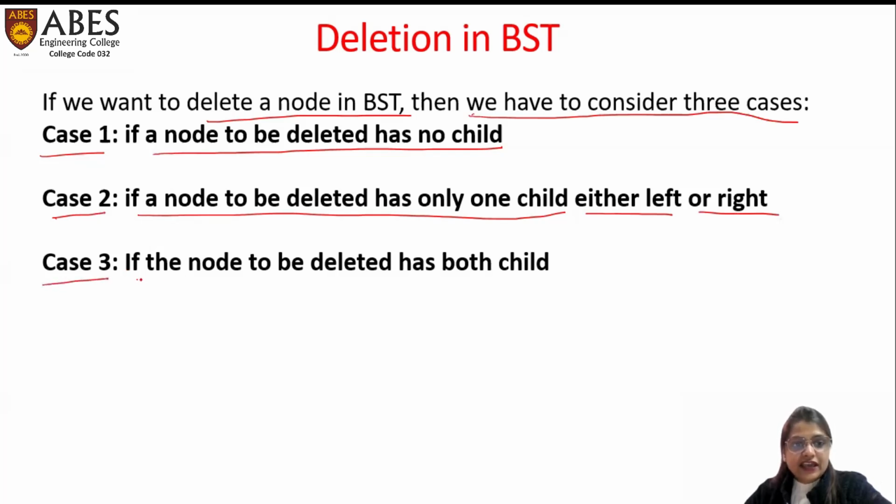For case 3, if the node which I want to delete has both the children, then what do we have to do? Let us consider all these three cases with the help of examples. For case 1, let us assume some binary search tree.